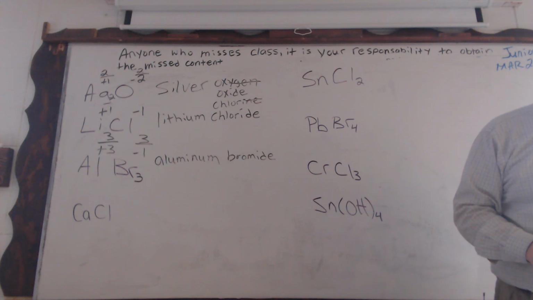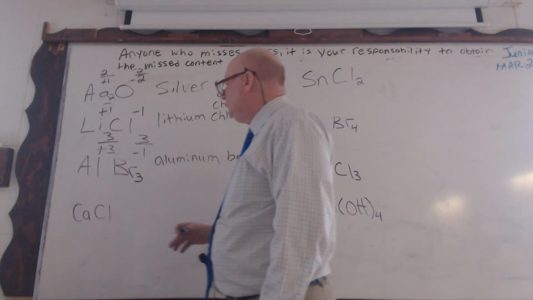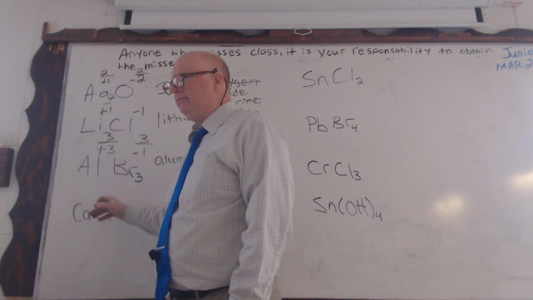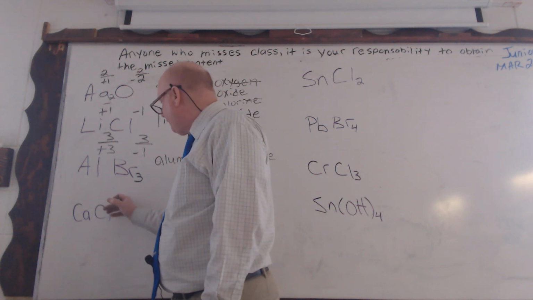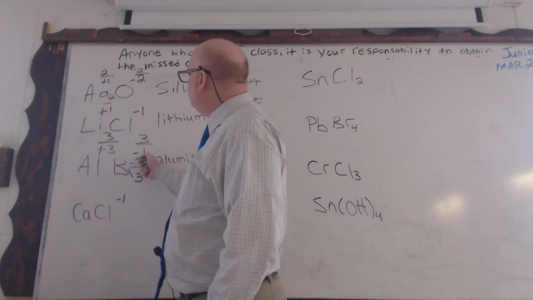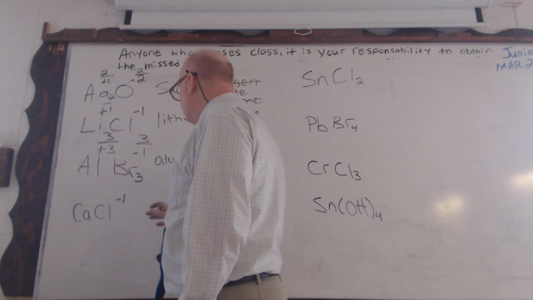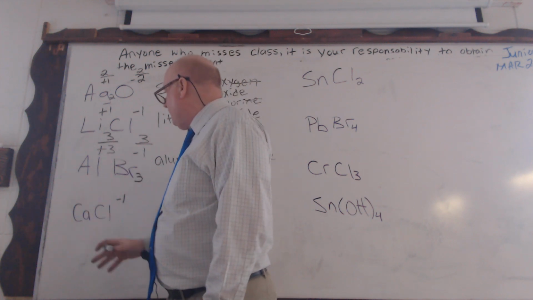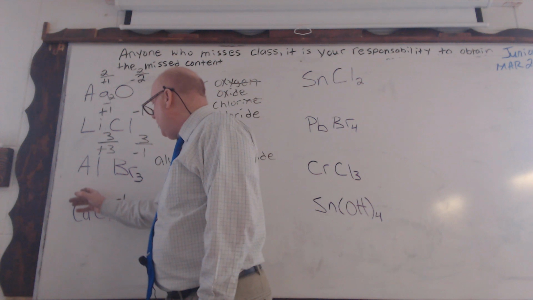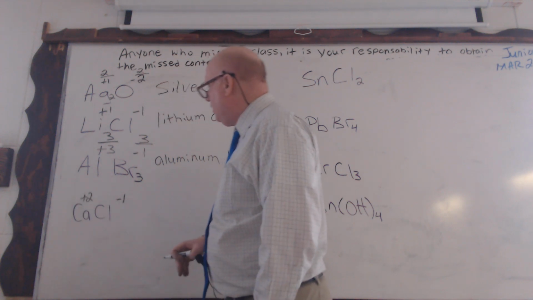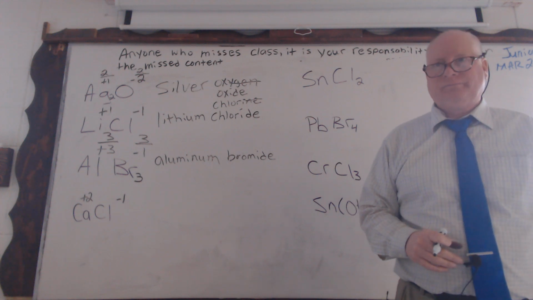What does the chloride ion have for a charge? -1, just like bromine. And we don't have fluorine over here. What does calcium have for a charge? +2. These do not add up to 0. So what is your least common multiple? 2.